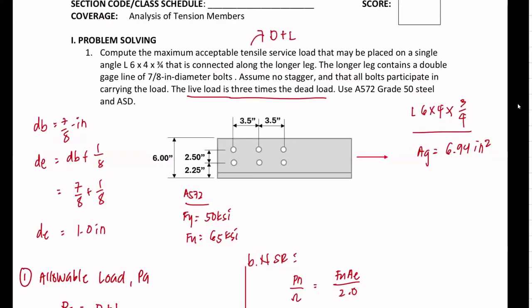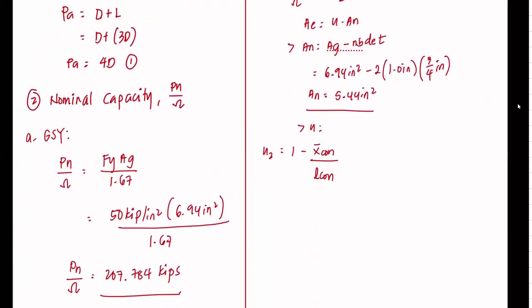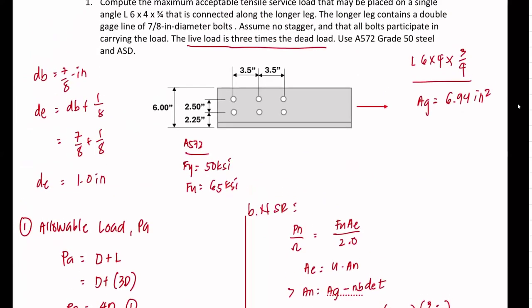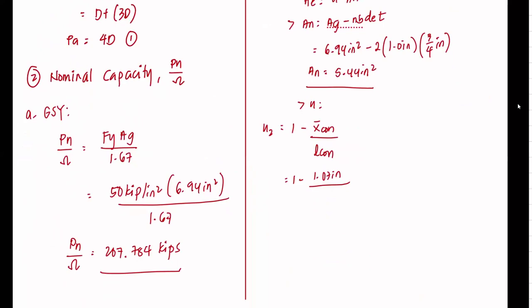So substituting that value here, 1 minus 1.07 inch over our L-con. L-con is the center to center distance of out to out bolt. So this is the farthest bolt on the left and then to the right. In total, which is just the sum of this, that is 7.0 inch.